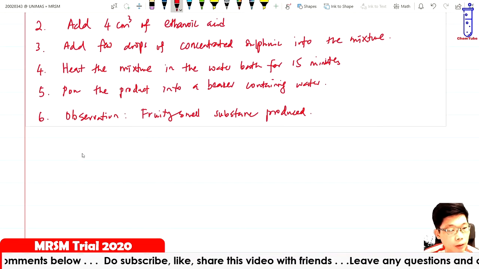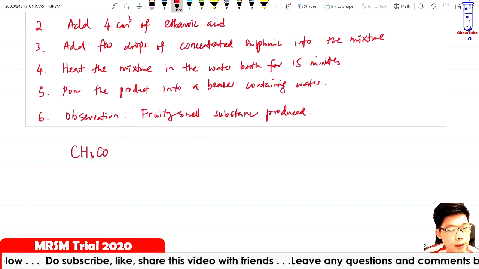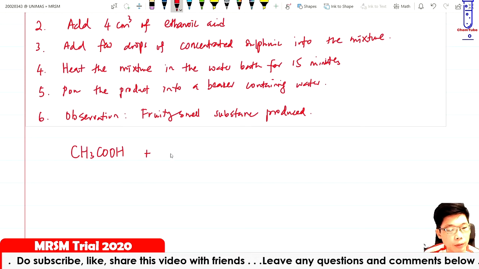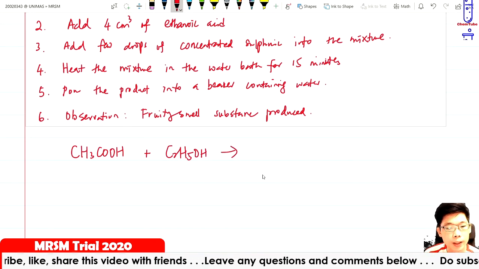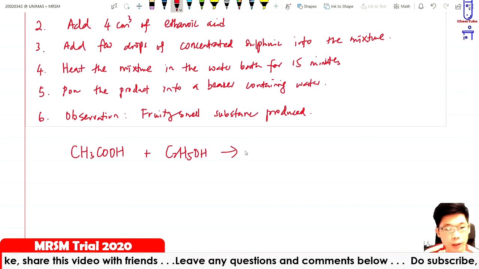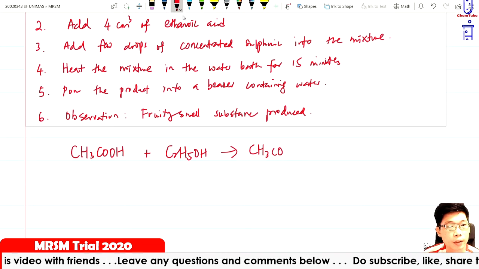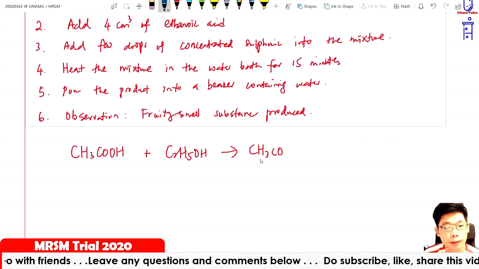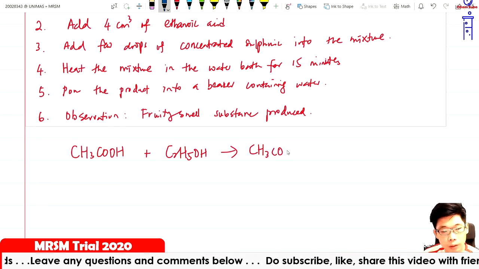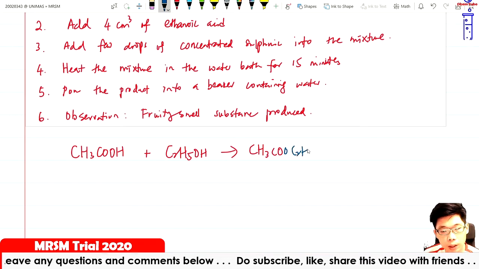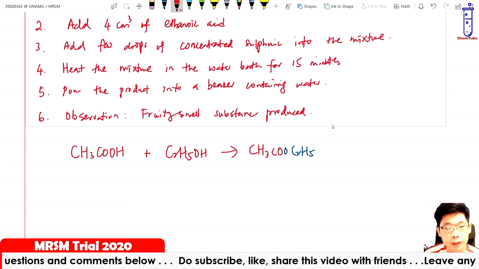So for the equation, we use the ethanoic acid first. CH3COOH reacts with ethanol, C2H5OH. Okay, so it forms the ester. I will use different colors: CH3CO, this one is from the ethanoic acid, so it becomes CH3COOC2H5, where the OC2H5 is from the alcohol, then with water.